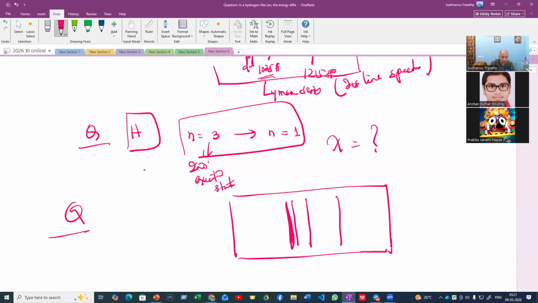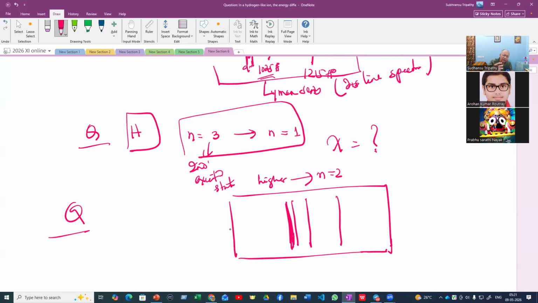All these transitions will be from a higher cell to the second cell, n is equal to 2. The electron has gone to 4, 5, 6, 7, 8, 9 or 10. It will come directly to 2, from 4 to 2, 5 to 2, 3 to 2, 7 to 2, 9 to 2.